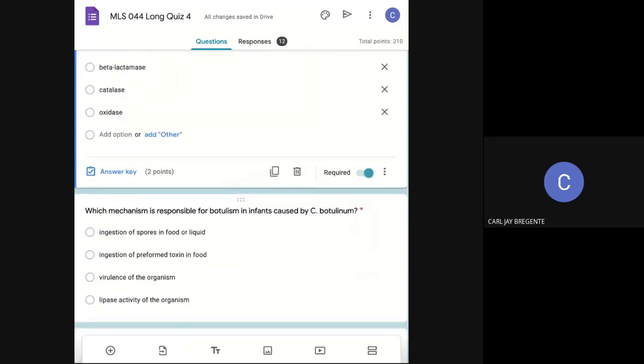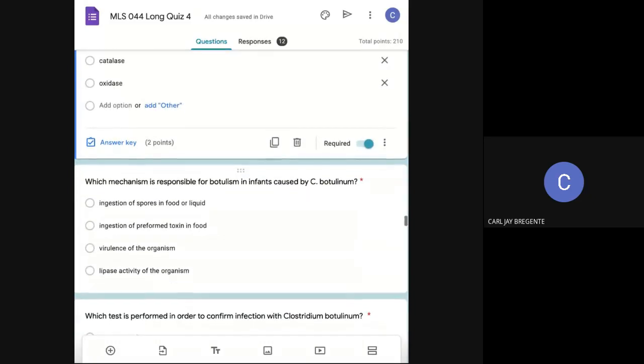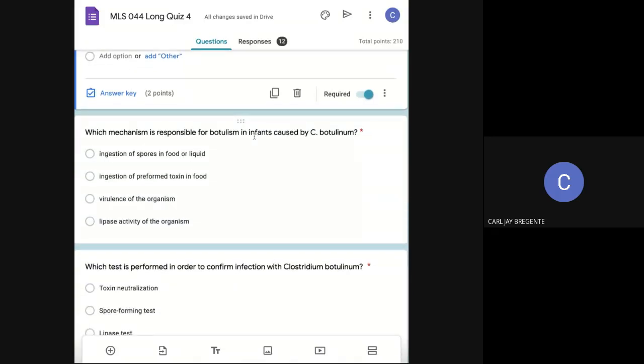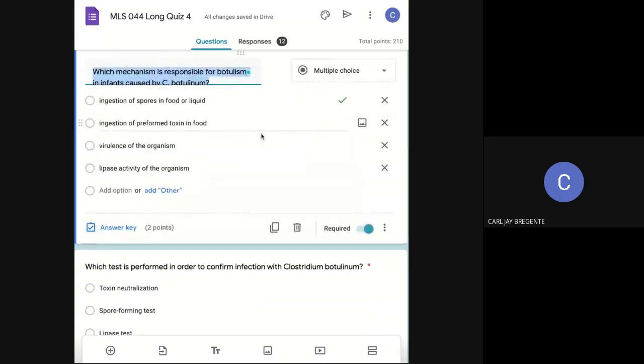Which mechanism is responsible for botulism in infants caused by Clostridium botulinum? This is kind of tricky, because if the question refers to infants, the answer is spores in food or liquid.